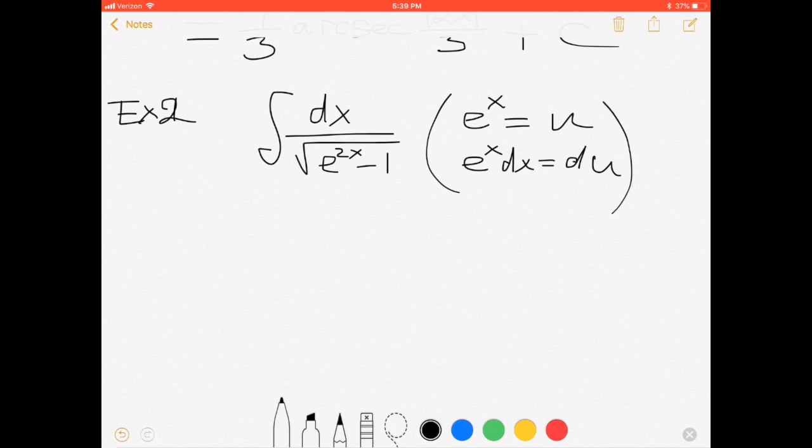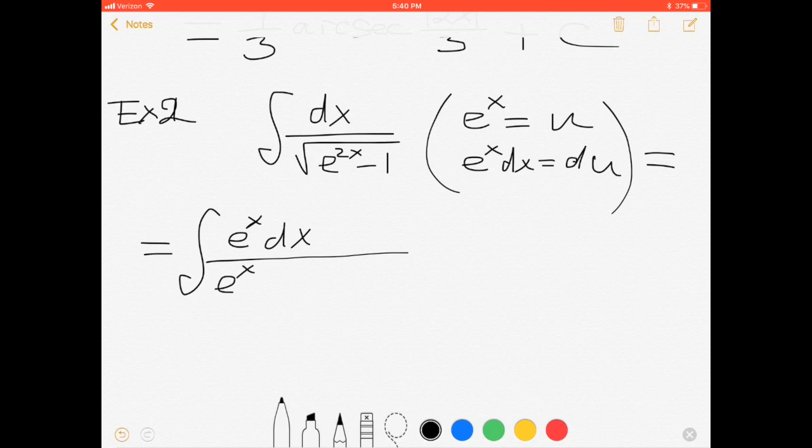Okay. To use this substitution, this means I need to prepare my integral. Great. I need e to the power x in my numerator. But I cannot change anything without compensating. This means I write e to the power x as my denominator, e to the power 2x minus 1. But this is great because now I can write, and remember e to the power x is always positive. This means we don't need to think about absolute value or anything here.